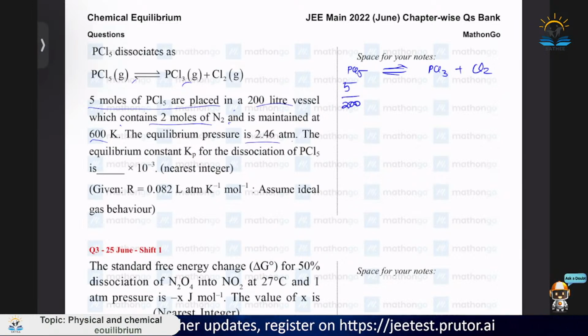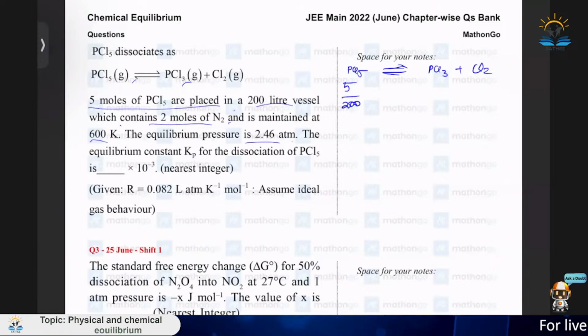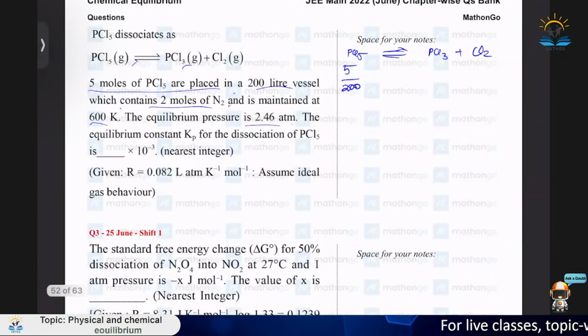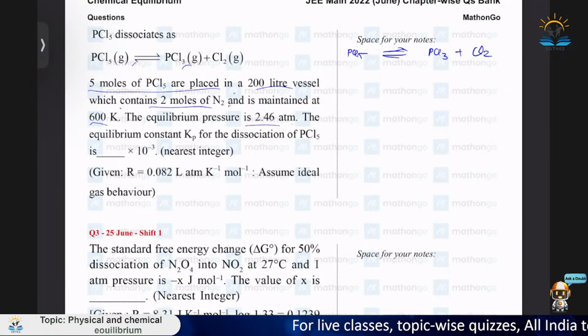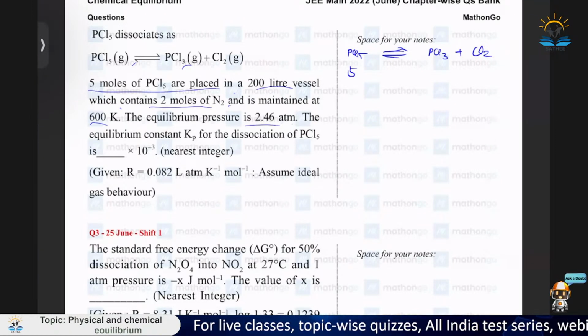Okay, and let's assume we just solve by moles. 5 moles are there.